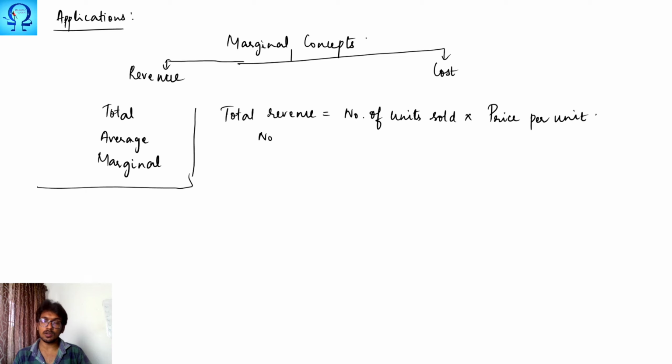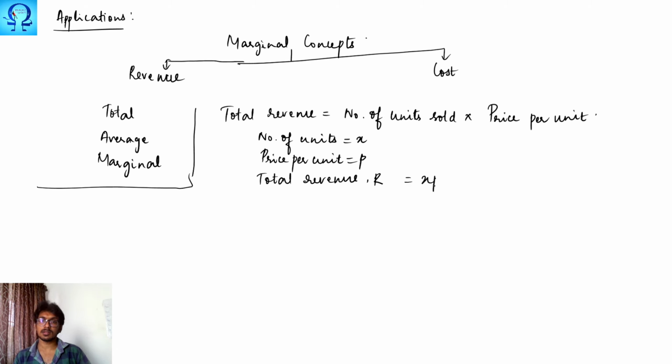If we denote the number of units as X and the price per unit as P, then the total revenue, which we shall denote as R, is X multiplied by P. And the average revenue is total revenue upon number of units.